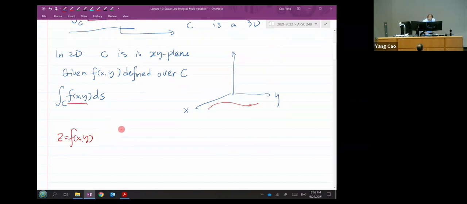Depending on what the function is, you end up with a surface.